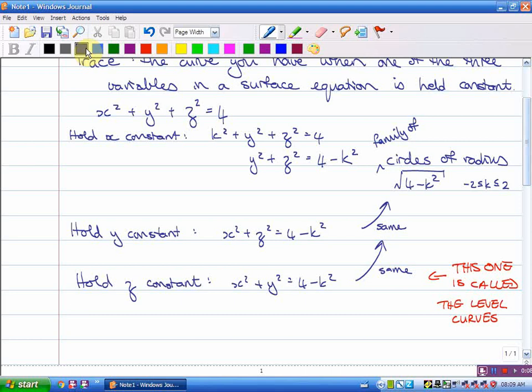And that goes for all of the common surfaces that we're going to be using in this course, which you will find on pages 17 and 18. So if you look in your handbook on pages 17 and 18, those are called quadric surfaces because their formulas all involve sort of a quadratic in some way, x squared or y squared or z squared. Okay, so page 17, 18, quadric surfaces.